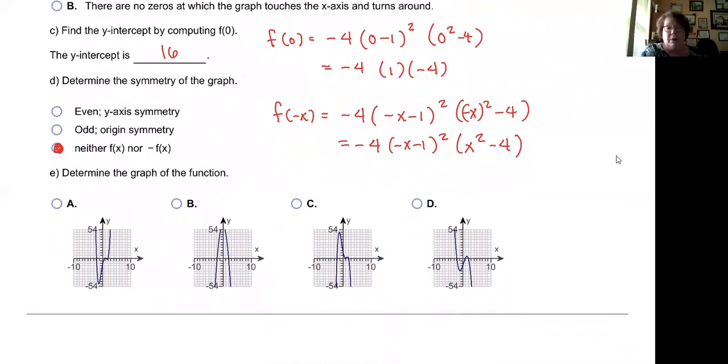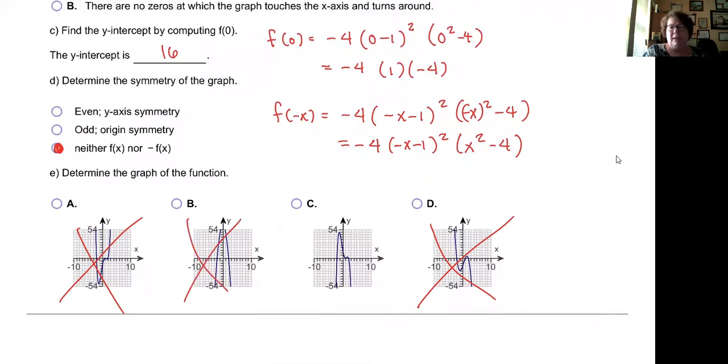All right, so now we do need to determine the graph. And you can do this one of 2 ways. First of all, you have all the information you need to be able to look at these 4 graphs and figure out which one it isn't. It's not going to be that one because it doesn't have the correct end behavior. It's not going to be D because D also doesn't have the correct end behavior.